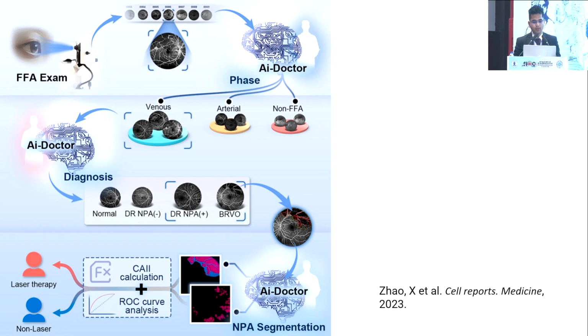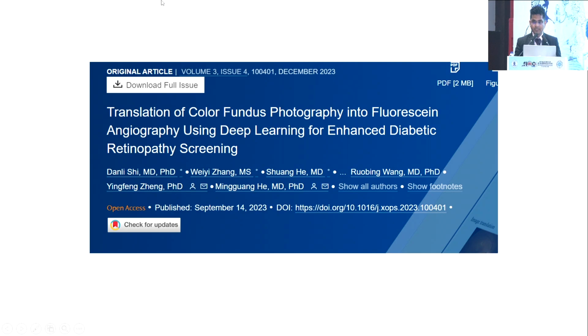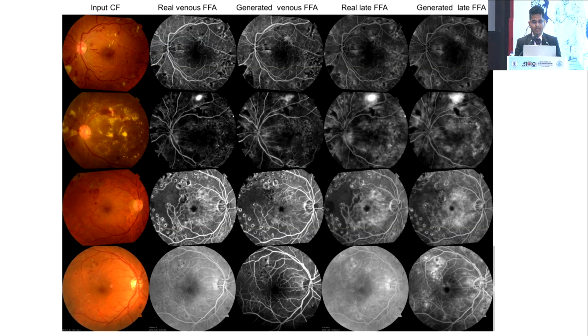Another proposed model is the patient getting directly exposed to FFA examination by a machine. The machine, which is an AI doctor, interprets all the phases, gives a diagnosis, and finally decides laser versus non-laser. One of the papers takes this much further, trying to create angiography images from fundus photographs, and possibly this could be a replacement for the routine angiographies that we do.